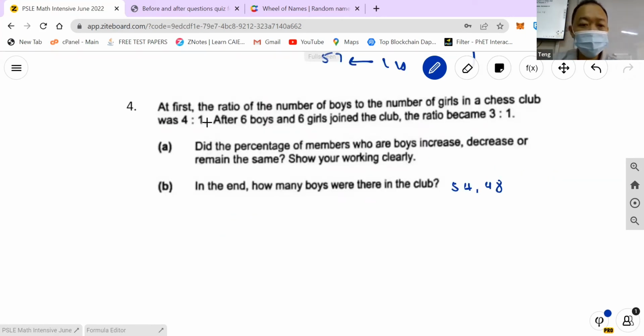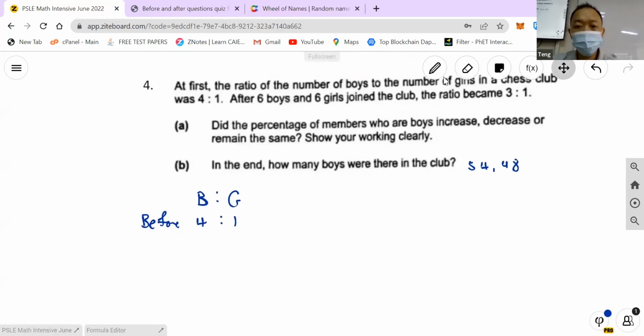Oh, right. So I'm gonna go through this right now. At first the ratio of boys to girls was 4:1. So what I'll do is I'll just write boys is to girls. So at first 4:1. So this is the before. Next, after 6 boys and 6 girls join the club, I'm gonna plus 6 here and here also plus 6.